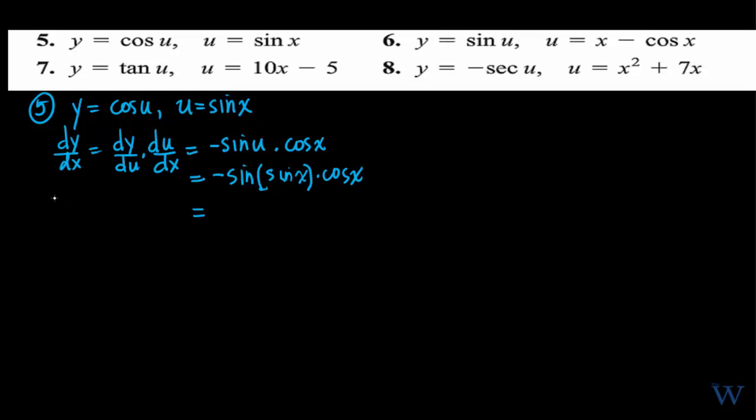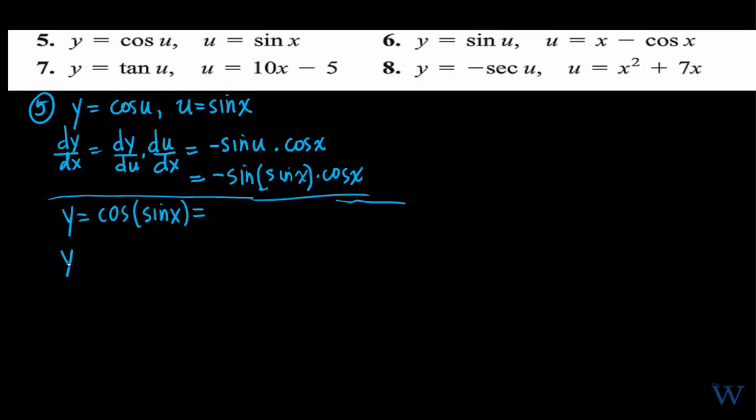So now, if we want to use the other way, we do the composition first. So let y be equal to the cosine of, now what is u? U is the sine of x, right?